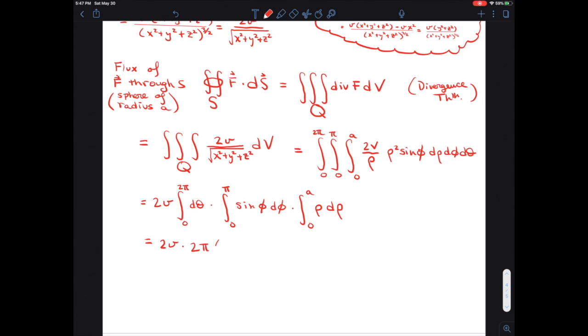The next integral we can call negative cos phi, and we'll have that go from 0 to pi, and we'll figure out what that is in a second. Here you're going to have 1/2 rho squared from 0 to a, so that'll be 1/2 a squared.